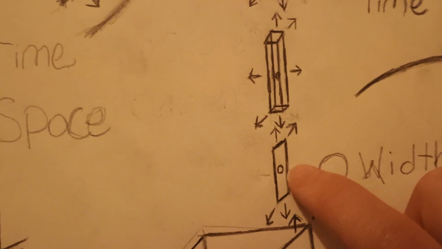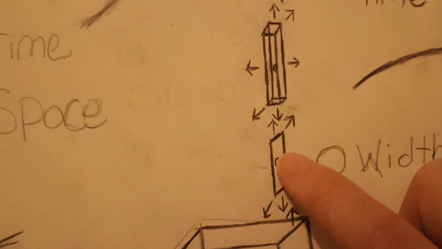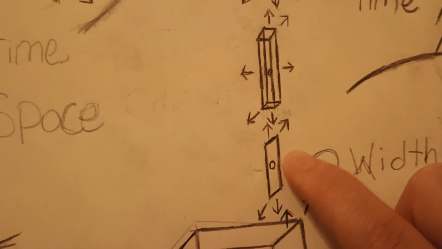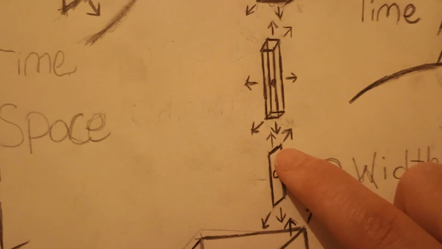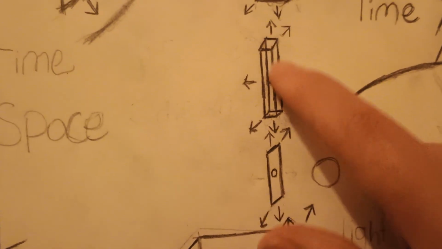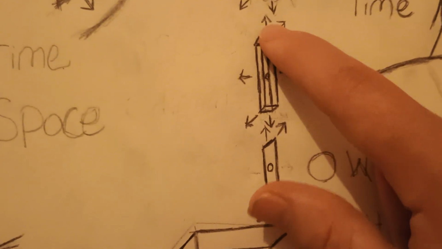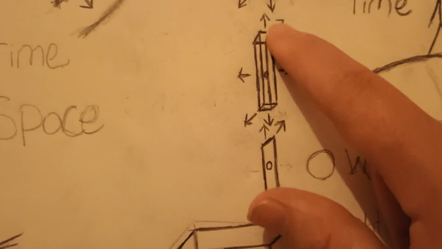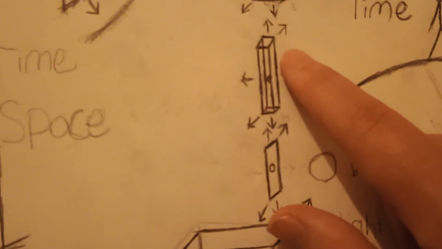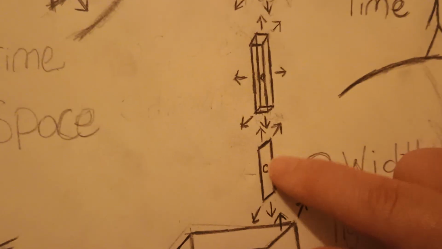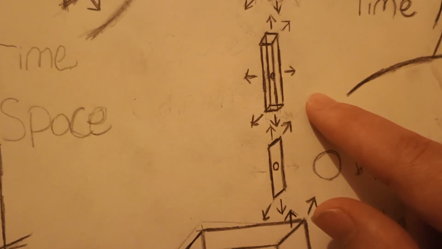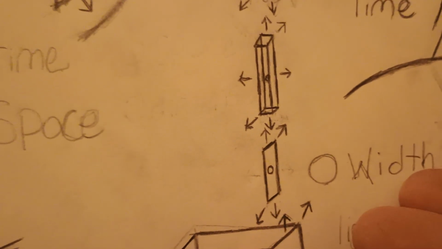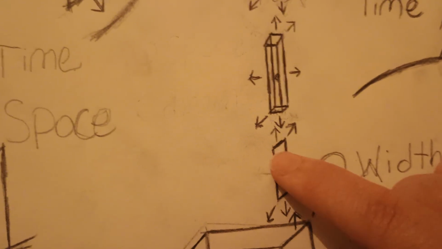Intuitively you want to think that the arrows should go here because these sides are expanding, but it's actually this depth line right here that is expanding. That's what this line is. It's expanding outward, down, up.